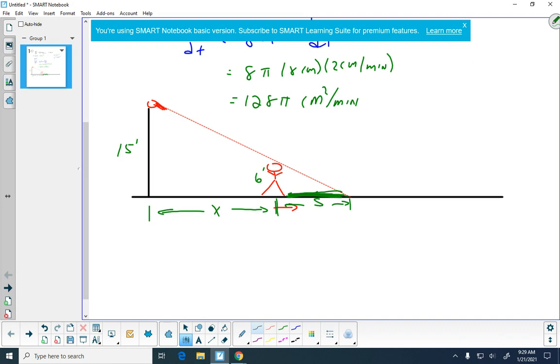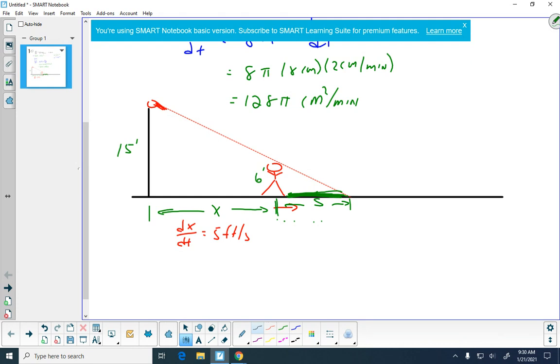X. My x, as he's walking away here, is increasing. So this dx/dt is 5 feet per second. You look at what variable is increasing as you're trying to figure out where to put this, and what's increasing is x.